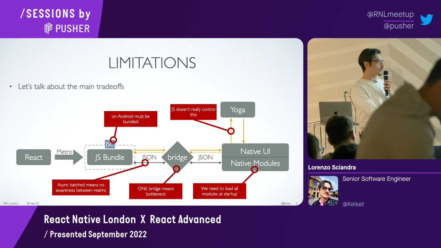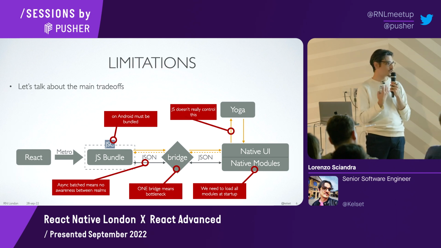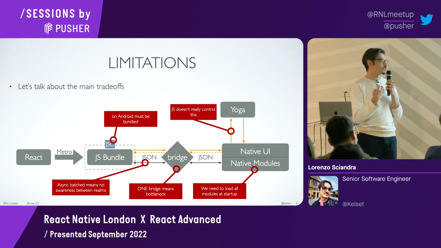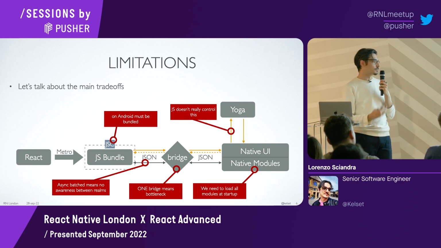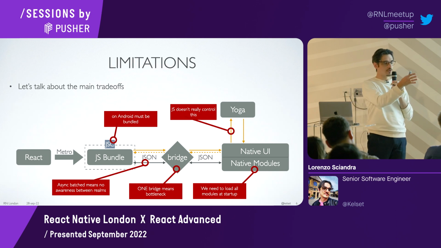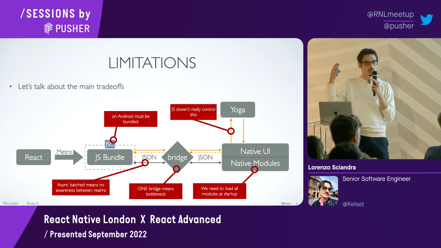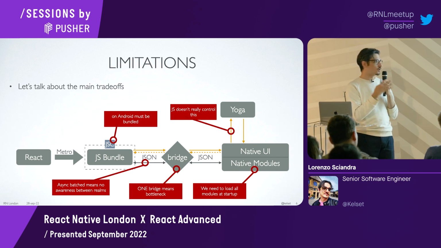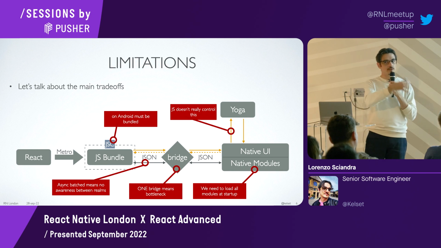The main reason why we have it is because in the early days, it was decided that communicating through JSON bundles was a way that we could reach the native side. The problem with that is that having one communication channel means that we will very quickly put too many messages in there, but also that JavaScript and the native side don't really know anything about the other side.